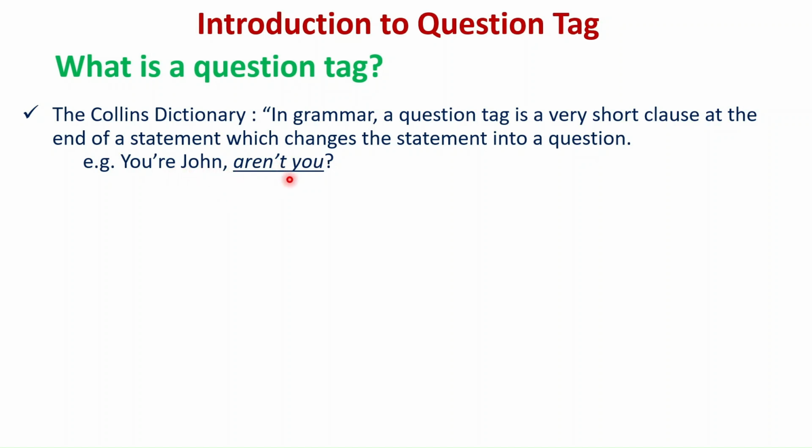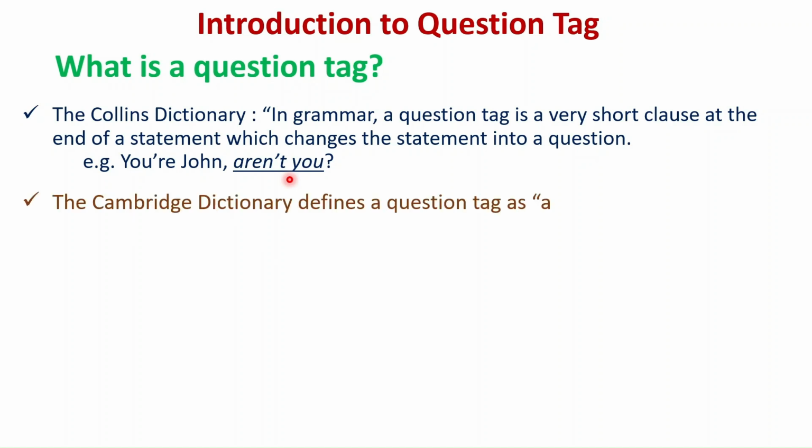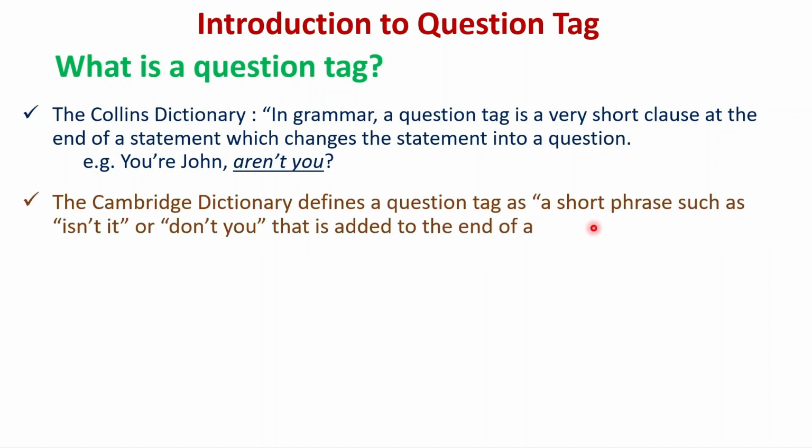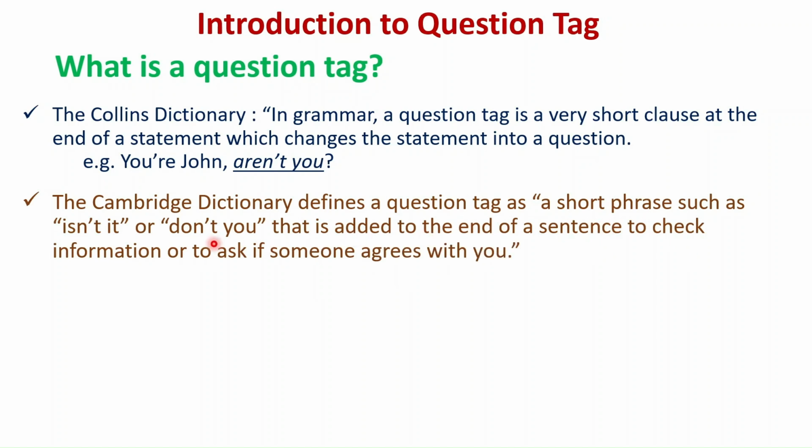Let's move to the second definition given by Cambridge Dictionary. A short phrase such as isn't it or don't you, that is added to the end of a sentence to check information or to ask if someone agrees with you. A question tag is used at the end of a sentence for two purposes, to confirm some information or to ask for agreement.